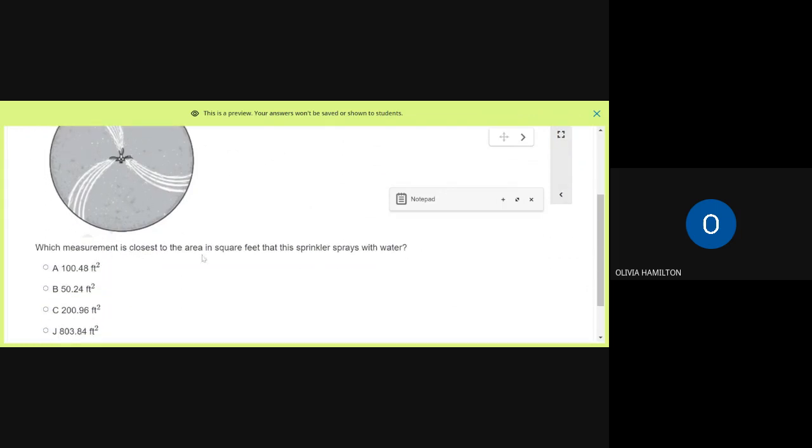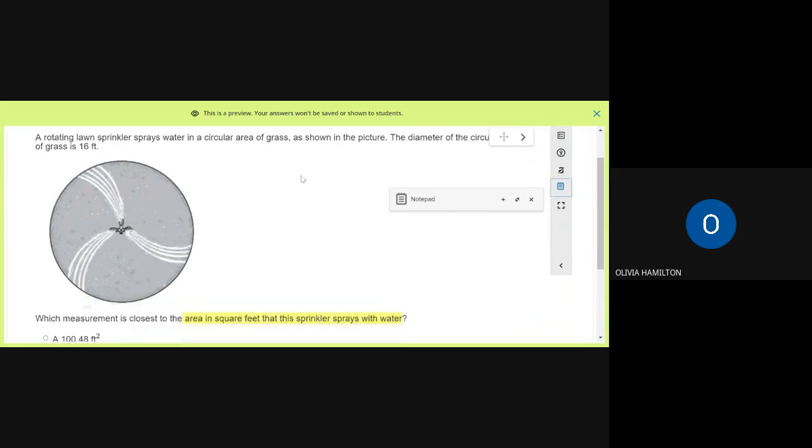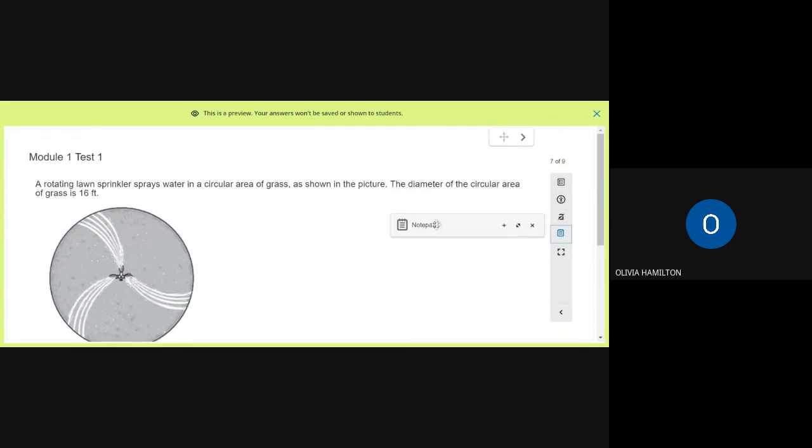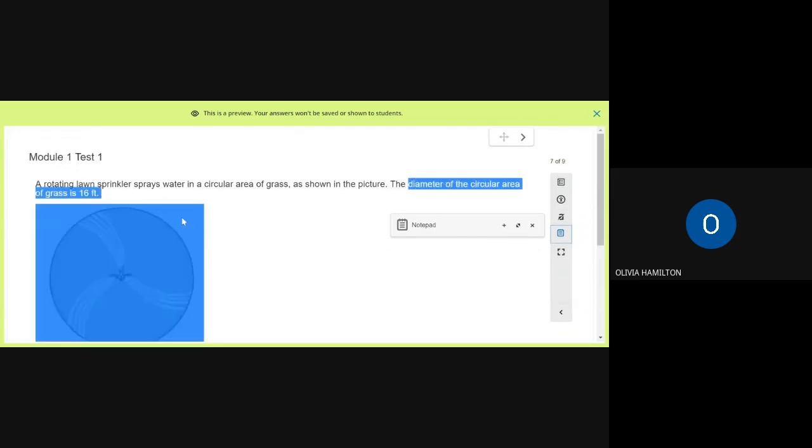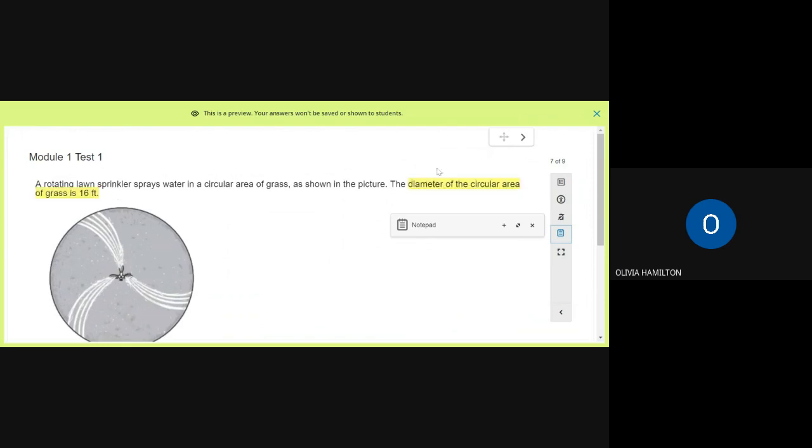Which measurement is the closest to the area in square feet that this sprinkler sprays water? So we're looking for the area in square feet of the sprinkler and how far it sprays. And it told us that the diameter of the circle area was 16 feet.